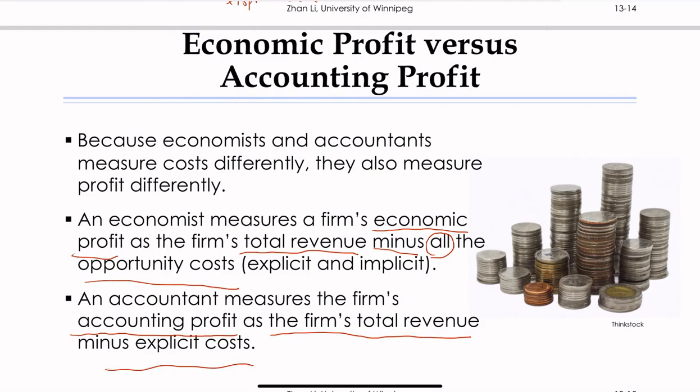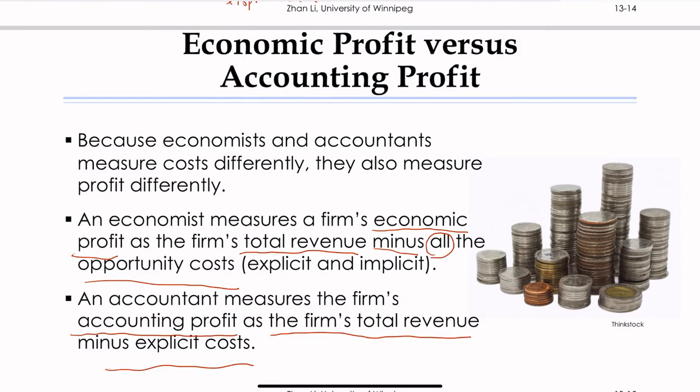So it is always about firm's total revenue. But the difference is, how do we measure cost? For economists, both explicit and implicit cost will be counted as opportunity cost. And the accountant would only care about explicit cost.